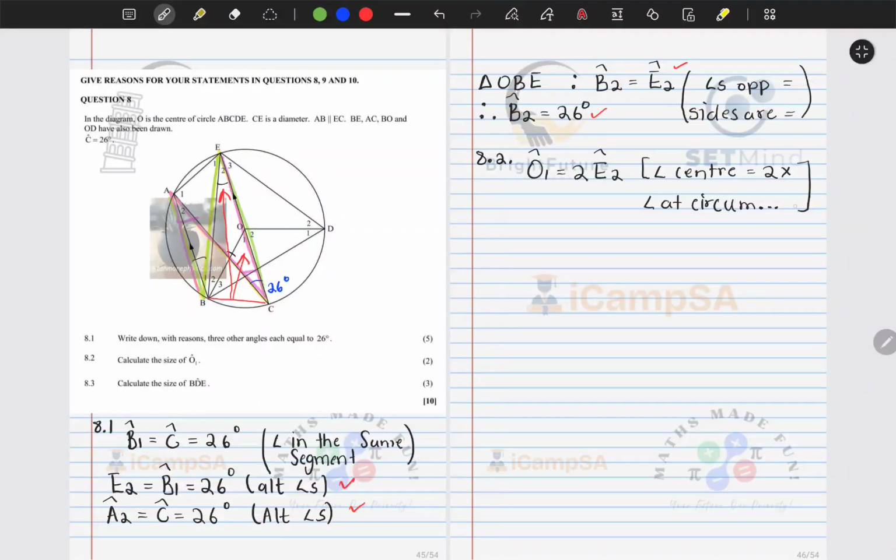Okay, so that is the reason that you should give. Just try to write everything in full. So this means that our angle O1 will simply be 2 times 26, of which we will end up getting 52. So therefore, angle O1 equals 52 degrees.